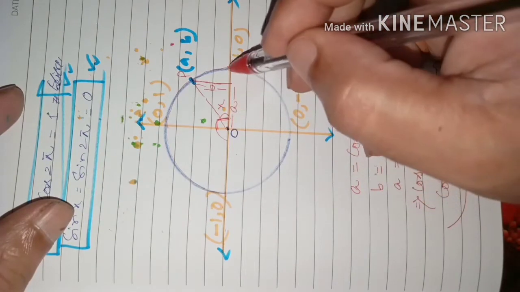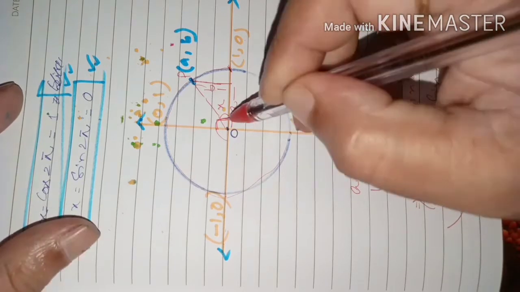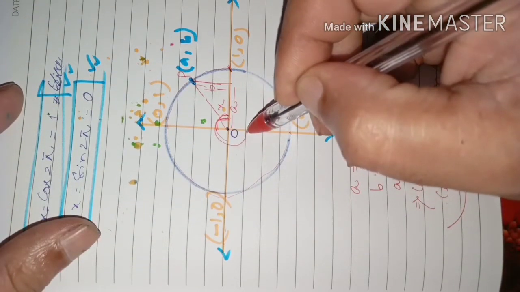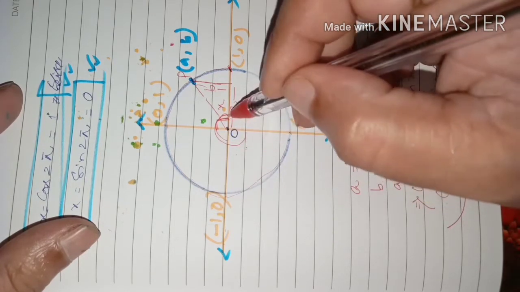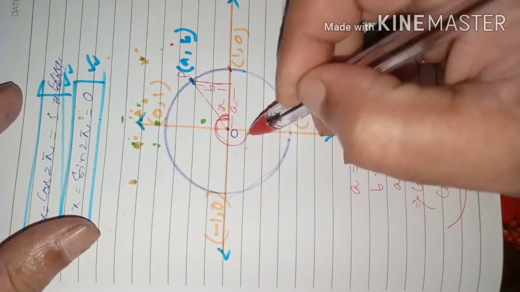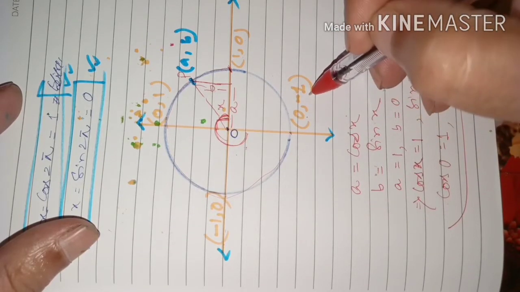When this arc from this point to this point subtends an angle of pi by 2 plus pi by 2 plus pi by 2, which is 3 pi by 2, cos 3 pi by 2 is 0 and sin 3 pi by 2 is minus 1.